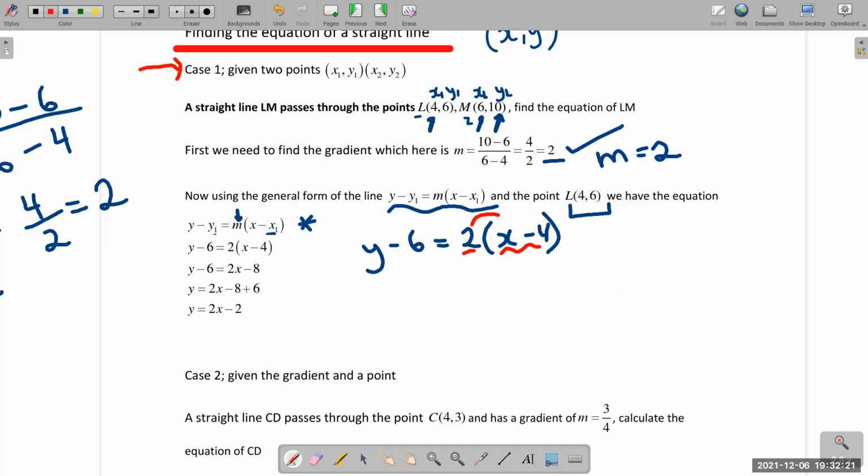So we're going to say 2 times x, minus 2 times 4. So let's write back everything that we didn't use. We're going to put back y minus 6 is equal to 2 times x is what? 2x. Everybody see that? Minus 2 times 4, 8. That's how they get here. Everybody tell me you got it before we continue. So you now know how we get from here to here and to here now.